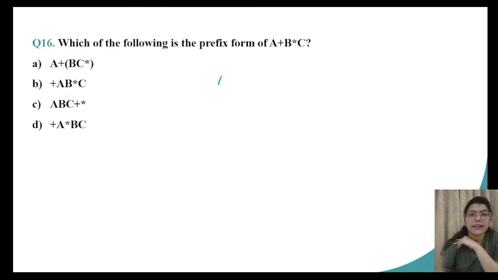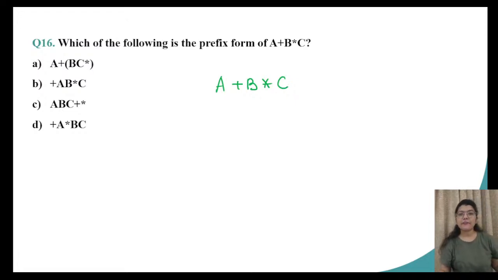So they have given you A plus B multiplies C and they're asking which of the following is the prefix form of this. So how will you do it?